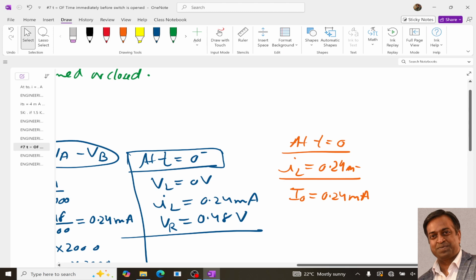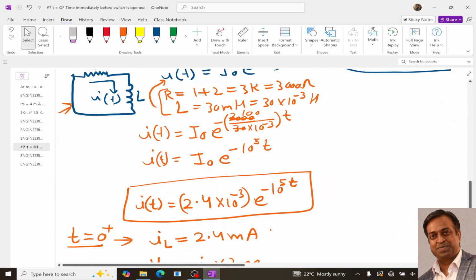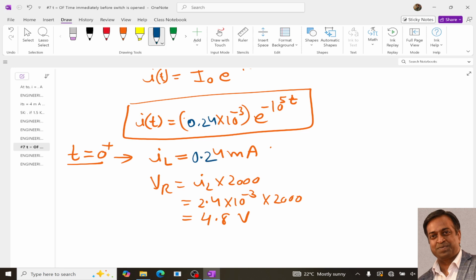Yes, it is 0.24. It is not 2.4, it is 0.24. I mentioned 2.4 over here by mistake. So it is 0.24, similarly over here 0.24. So the answer will be 0.48 volt.